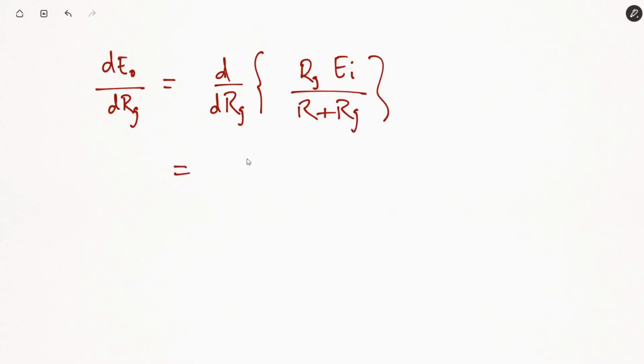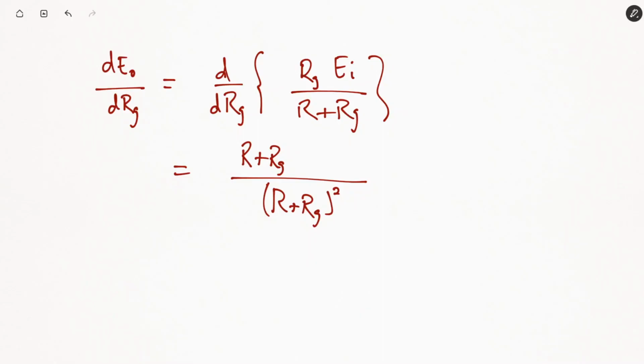That's nothing but the quotient rule, with R plus Rg whole square in the denominator.